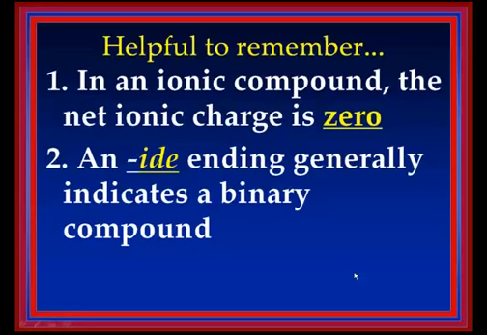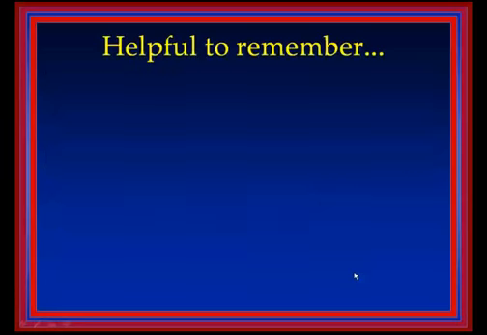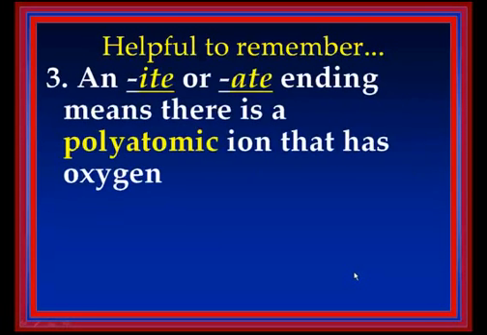Okay, so just a summary to help you guys out. Ionic compounds have to have a net charge of 0. An "ide" ending generally indicates a binary compound. Okay, remember binary means 2. Ate or ite usually means you have a polyatomic ion that tends to have oxygen in it.